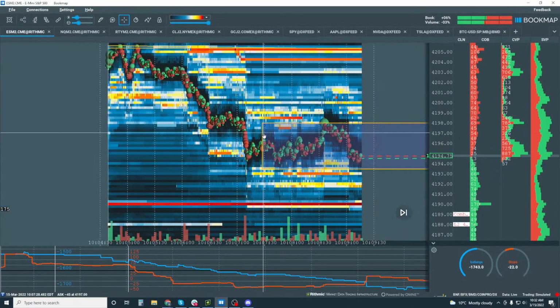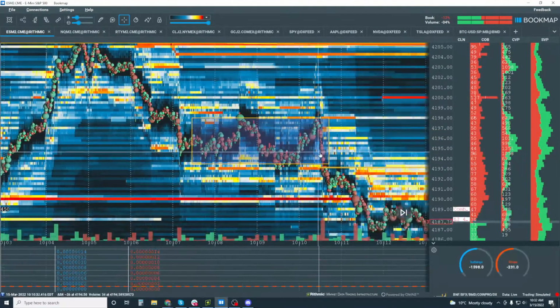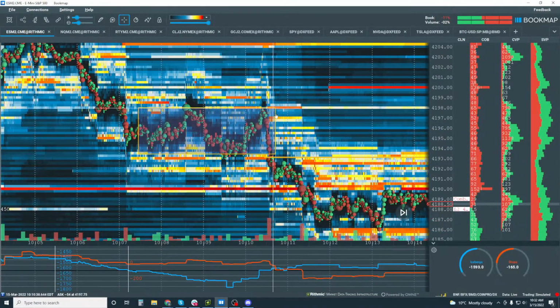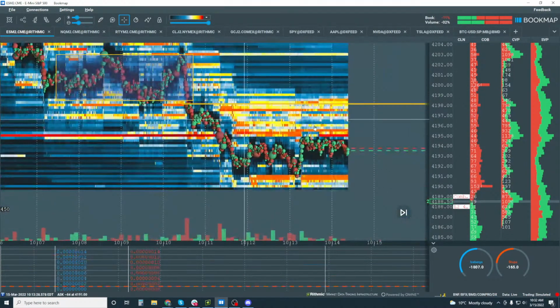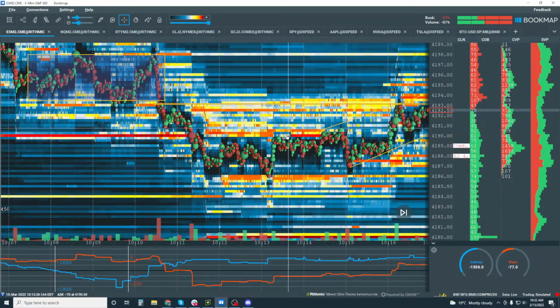And then we started to look at this consolidation, and we get another breakdown here, and then we're looking at something different down here in this range. Okay, made a lower low here, but they made a slightly higher high here.